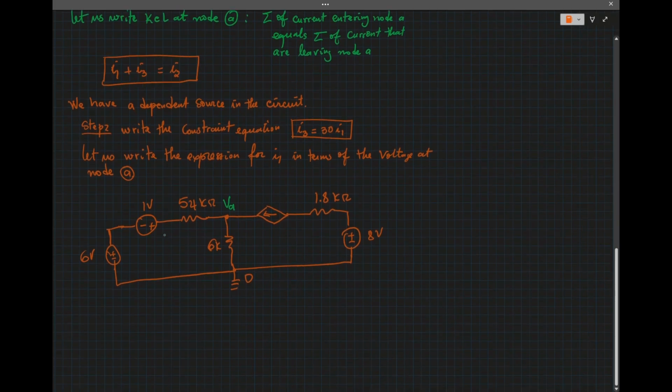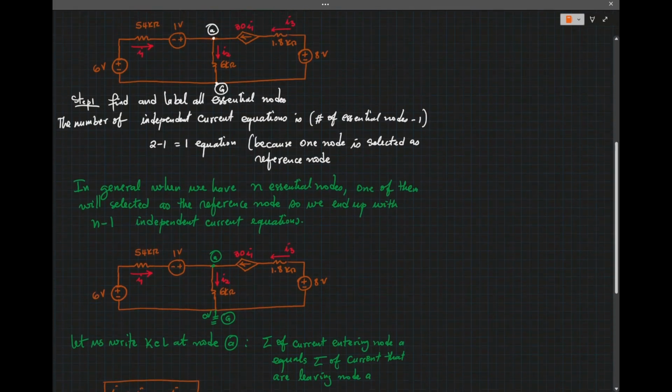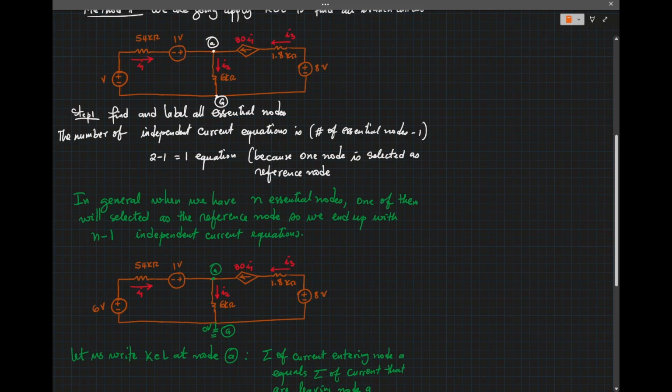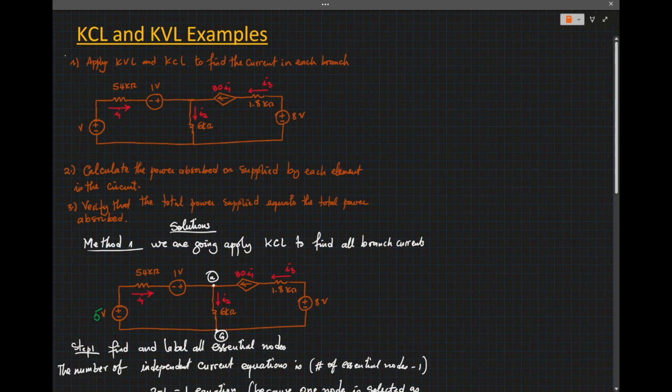So the current I1 is flowing this way. This is 0 volt. So this point is 6 volt. Well, no, that was 5 volt. Sorry, this was 5. So there should be 5.